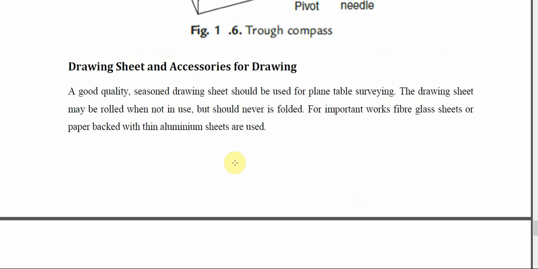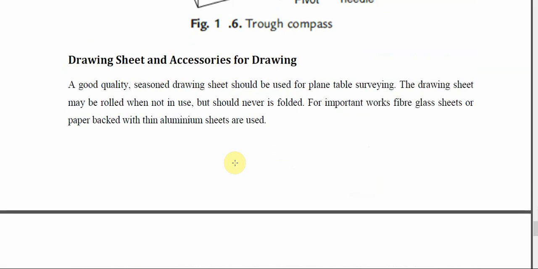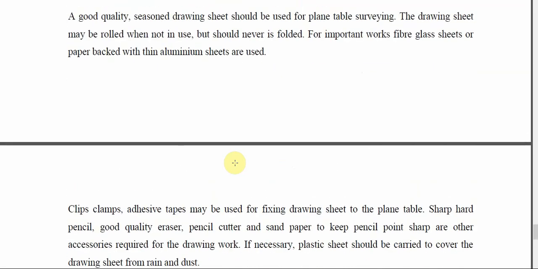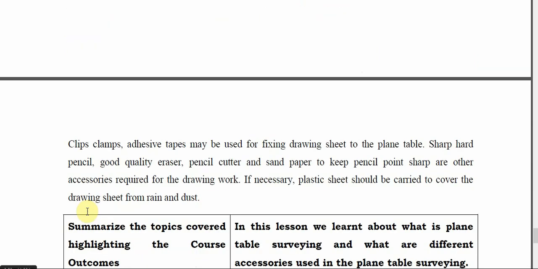The last accessory required is the drawing sheet on which we have to draw. So these are the accessories. Apart from the drawing sheet, we require clips and clamps to hold the drawing sheet to the table. If clips and clamps are not there, we may require adhesive tapes for fixing the drawing sheet to the table.